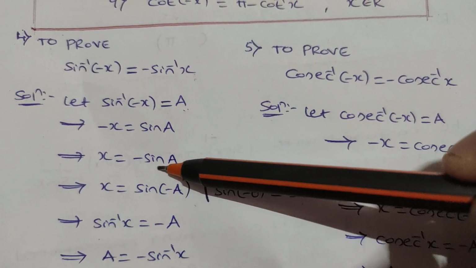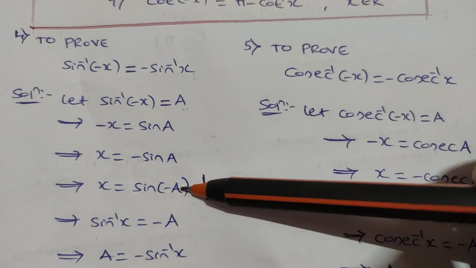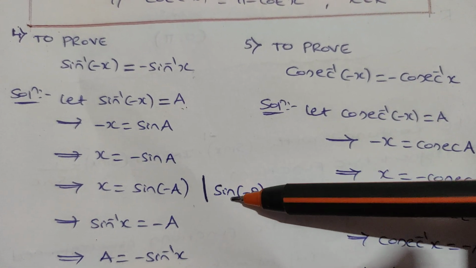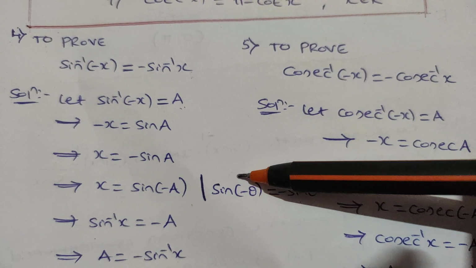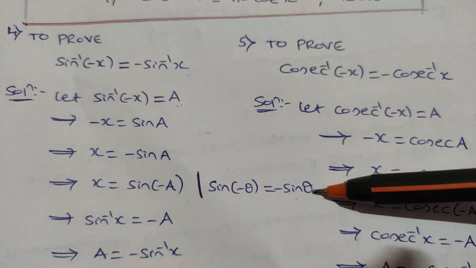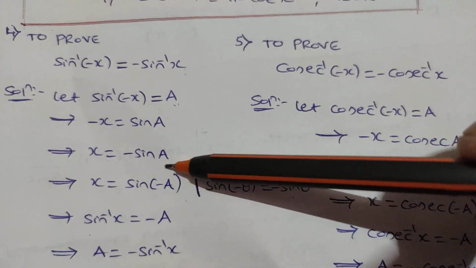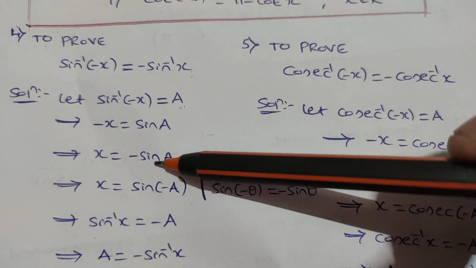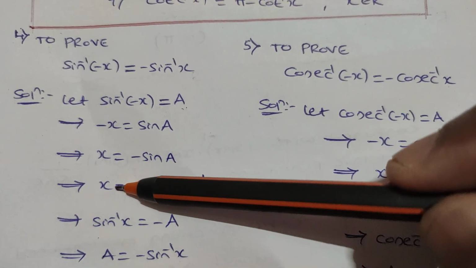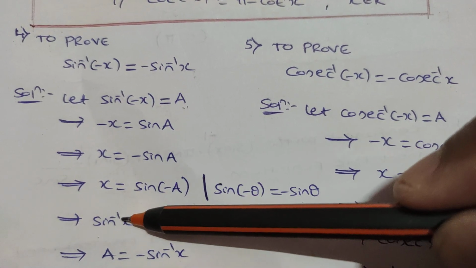This minus sin A can be written as sin of minus A because of the property of sin of minus theta. In the case of sin of minus theta, we take the minus sign outside and write the value as minus sin theta. Here we have minus sin A, and we write minus sin A as sin of minus A. Taking sine to the other side, the trigonometric term becomes inverse.